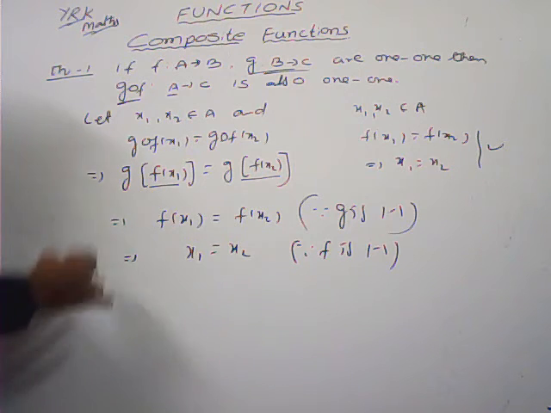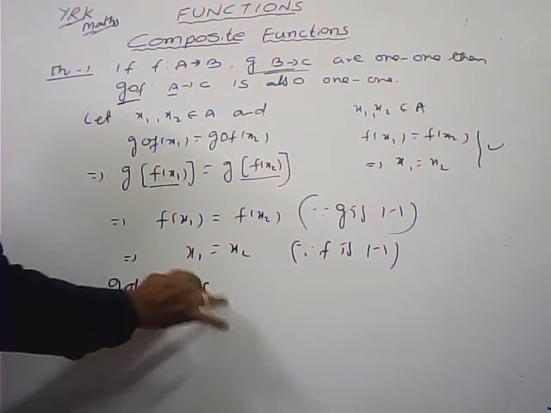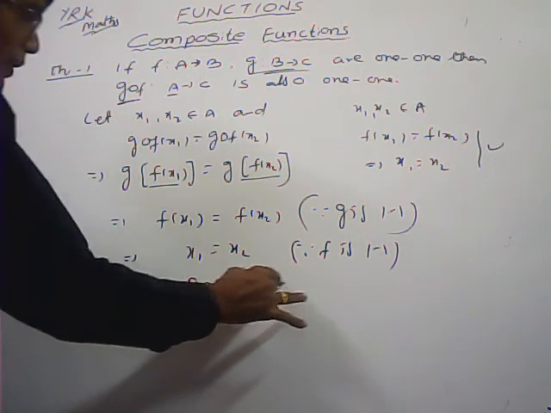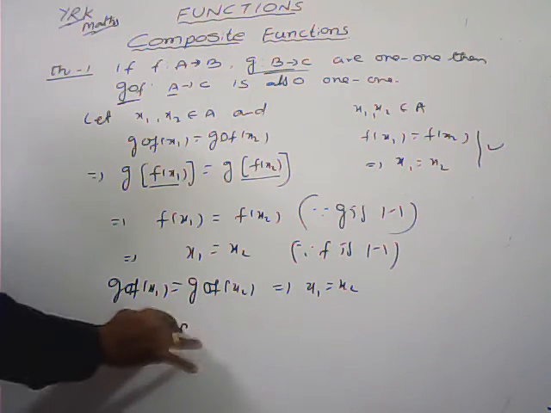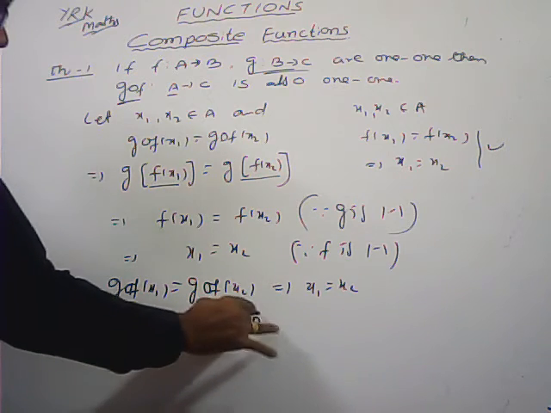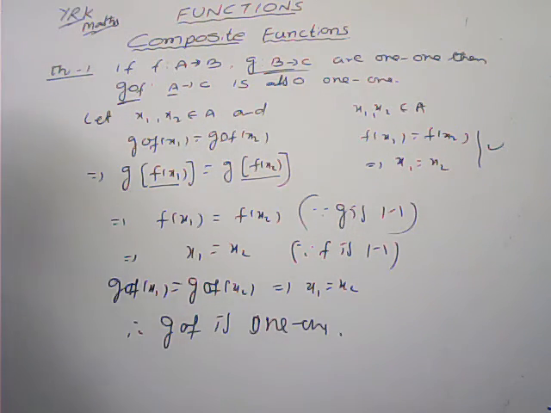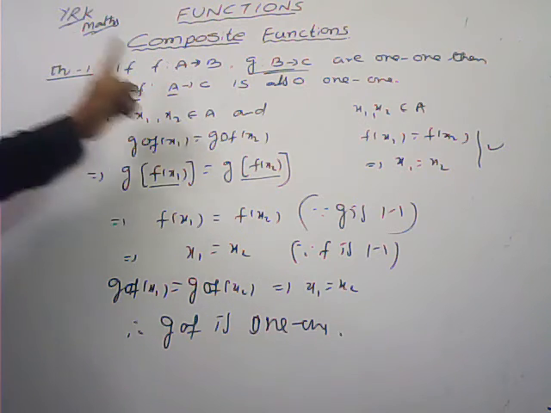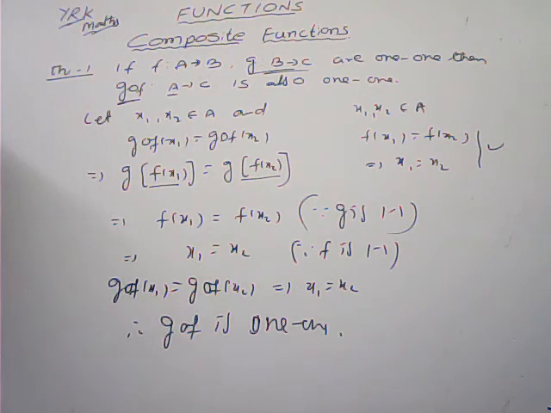Now here what we got: g circle f of x1 is equal to g circle f of x2 implies x1 is equal to x2. Therefore, g circle f is 1-1. Here both f and g are 1-1, then g circle f is also a 1-1 function.